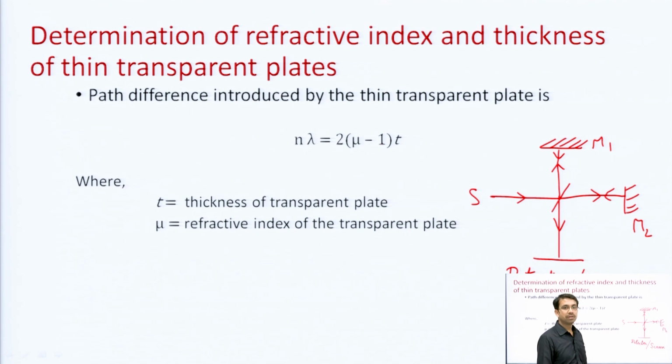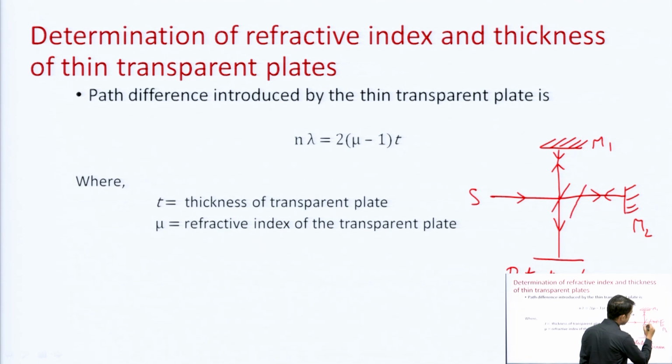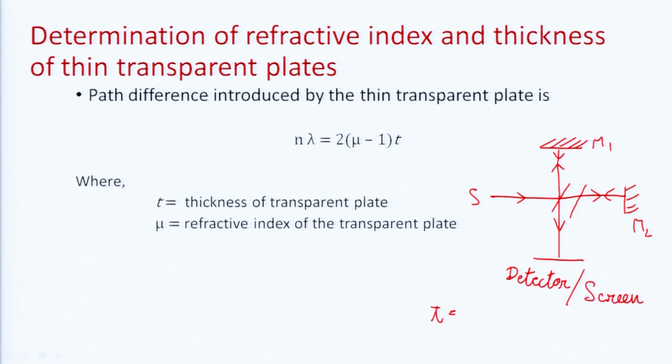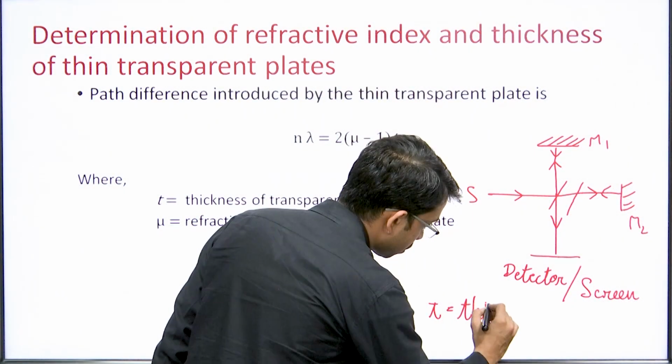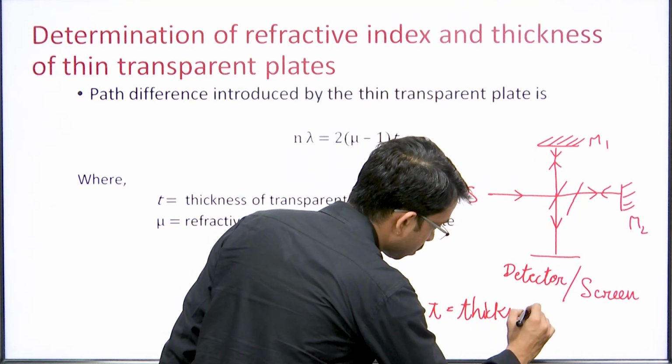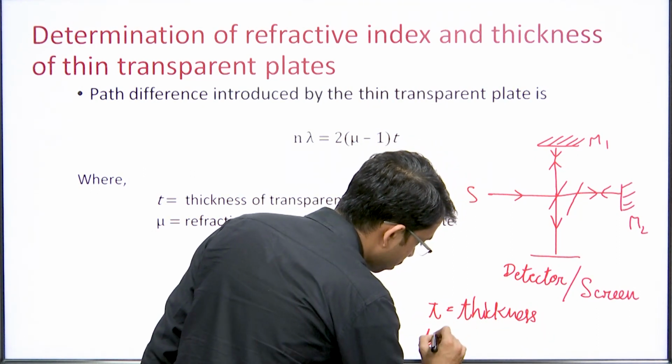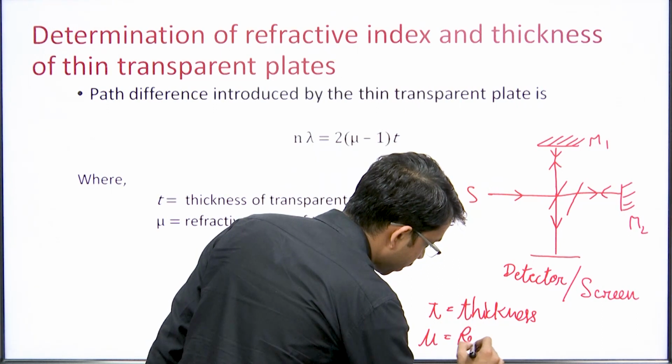Now, in this arrangement, if we insert a glass plate, either in this arm or in this arm. So, what happens? We have inserted a glass plate of thickness t and refractive index mu.